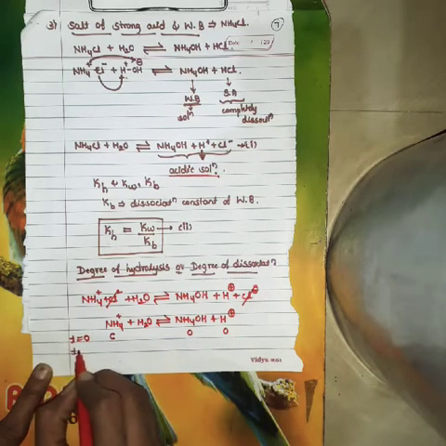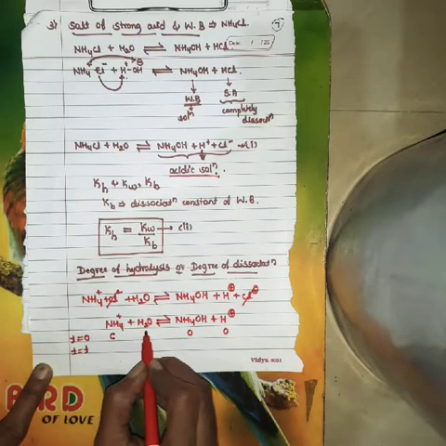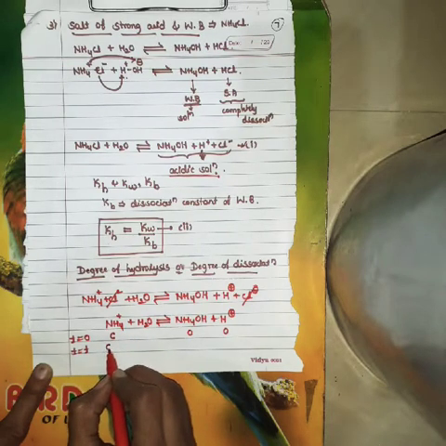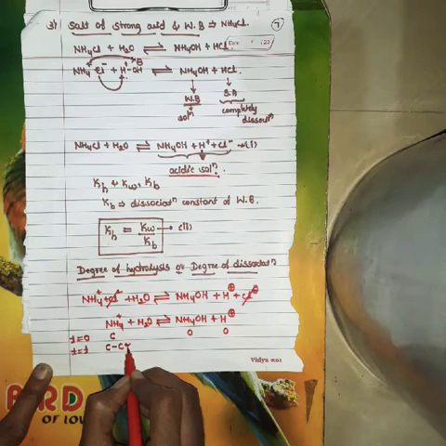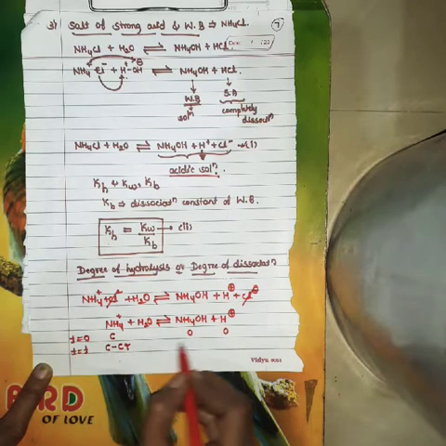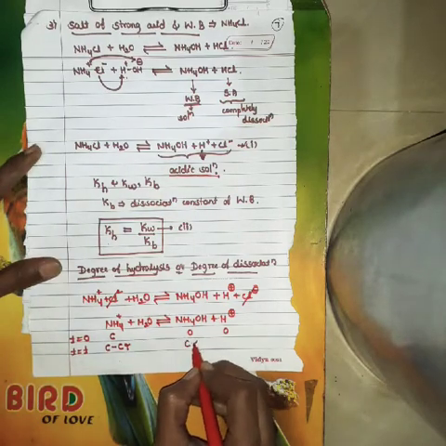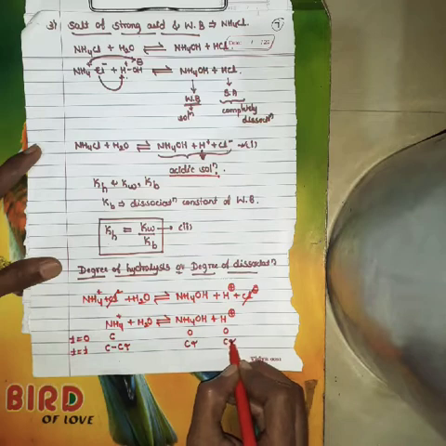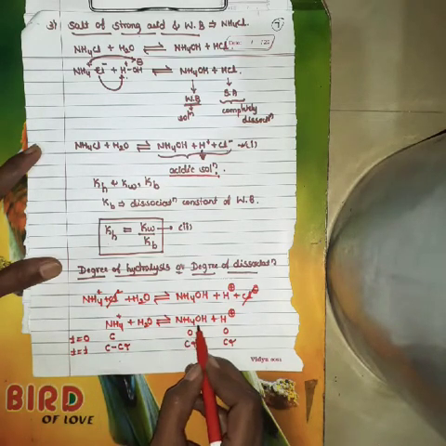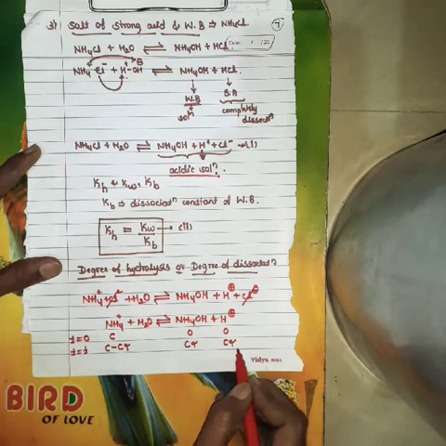After time t, after some of it undergoes hydrolysis, the concentration of NH4+ becomes C minus C alpha. Then NH4OH becomes C alpha and H+ is also C alpha.